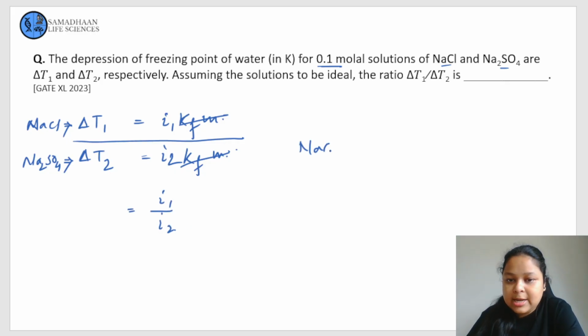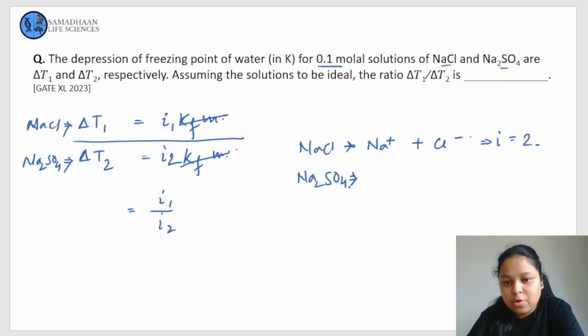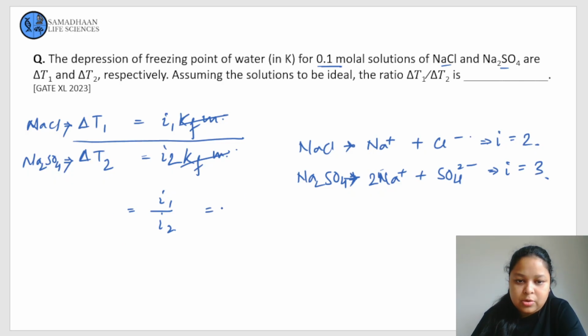Now for NaCl, it gets dissociated into two ions, so i is equal to 2, and for Na2SO4, 2 sodium ions plus 1 sulfate ion, so i is equal to 3. So this will be equal to 2 by 3 or 0.67.